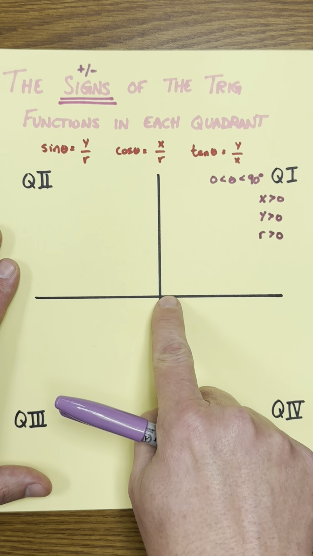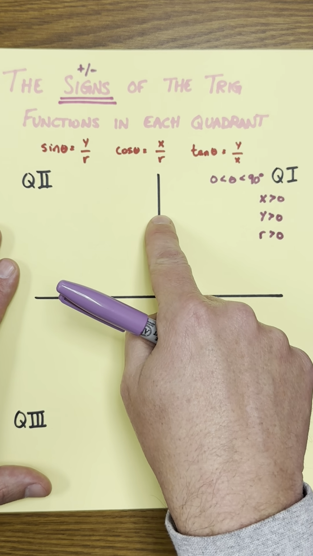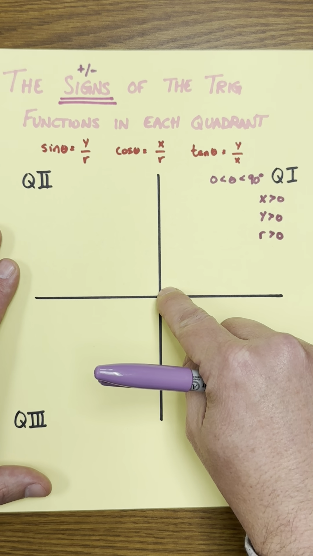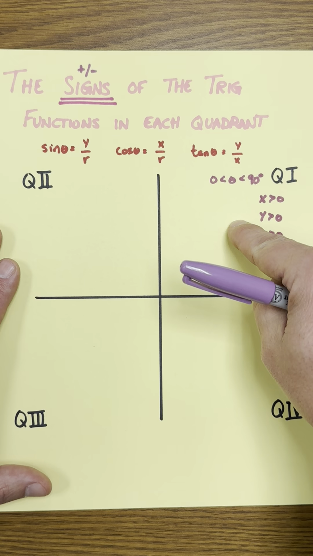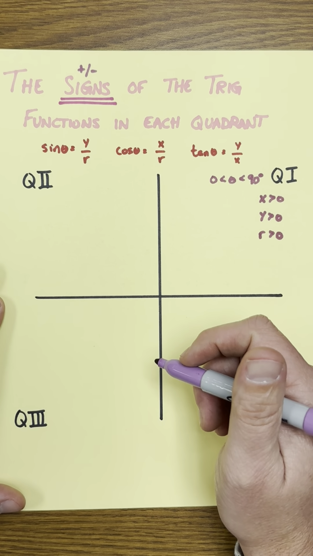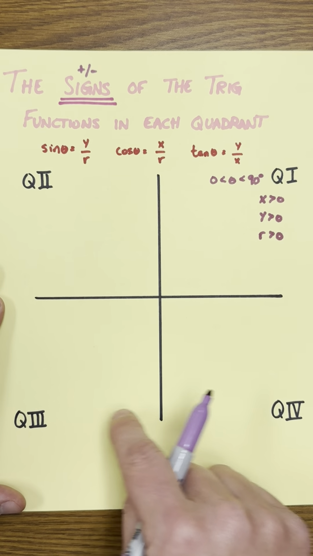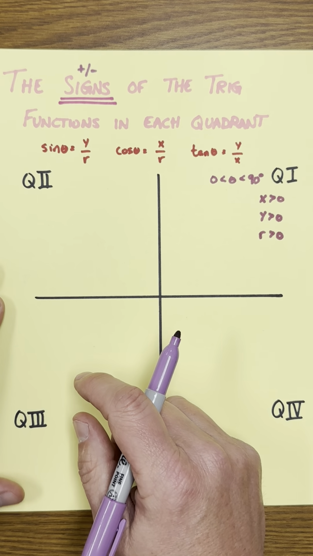In other words, we're always going positive on the x, we're always going positive on the y, and any directed line segment out into this quadrant would always be positive, which would be like our radius value, okay? Let's go ahead and do this for all 4 quadrants, and then we'll figure out the sign values of each of these.